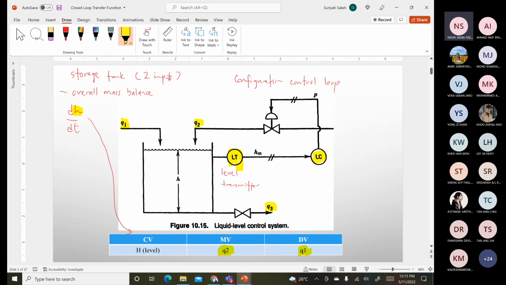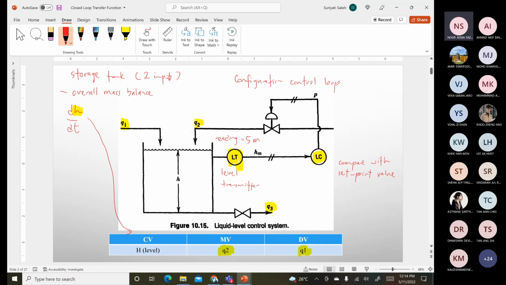Where normally in the controller, it will compare with the set point. Compare with the set point value. The set point represents the value that we want to maintain. Let's say in this case, the level transmitter reading shows that the current level is 5 meters.